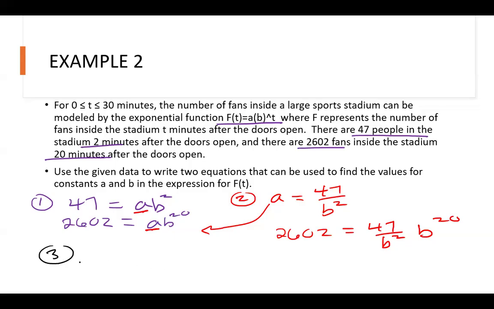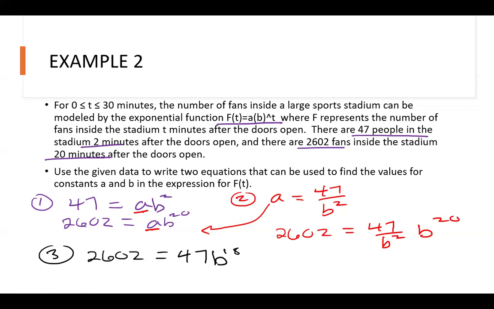So cleaning that up, we get 2,602 equals 47 times B to the 18. This is division. I have B to the 20 over B to the 2. What do you do when you're dividing and the bases are the same? What do you do to the powers? You subtract. So 20 minus 2 is 18.